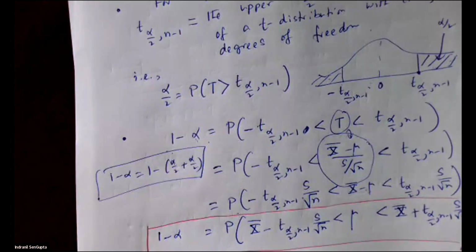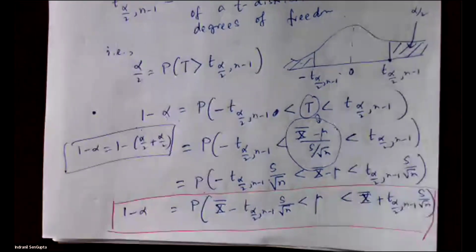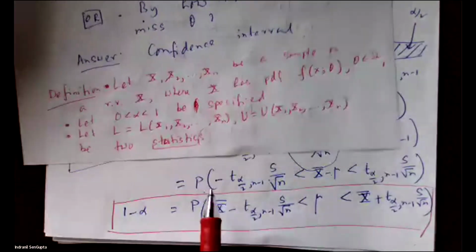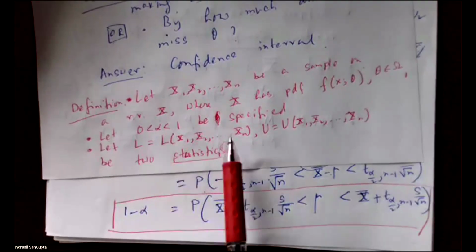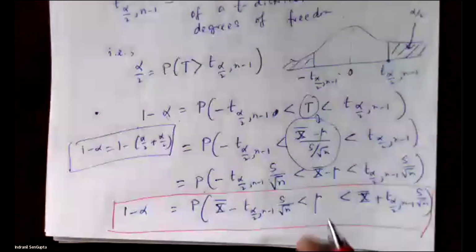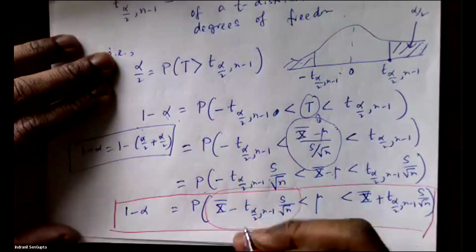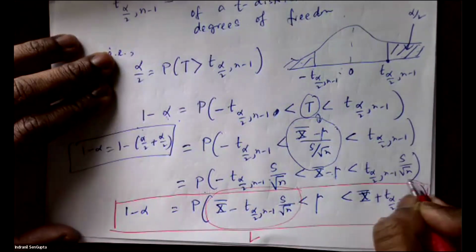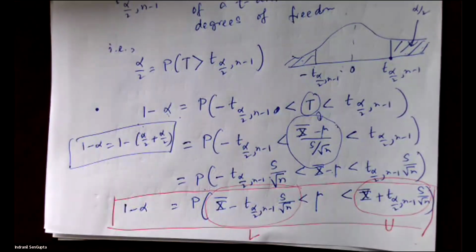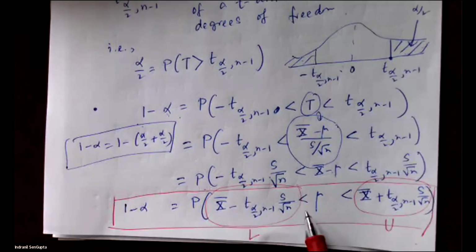Now let's compare that. This seems to be pretty abstract, but let's compare it with what we had before, the definition of the confidence interval. What is a confidence interval? Here's the definition. You have to find two statistics, one is L and the other one is U. Suppose this is my L and this is my U. Why are they statistics? Because they are computed based on the sample.